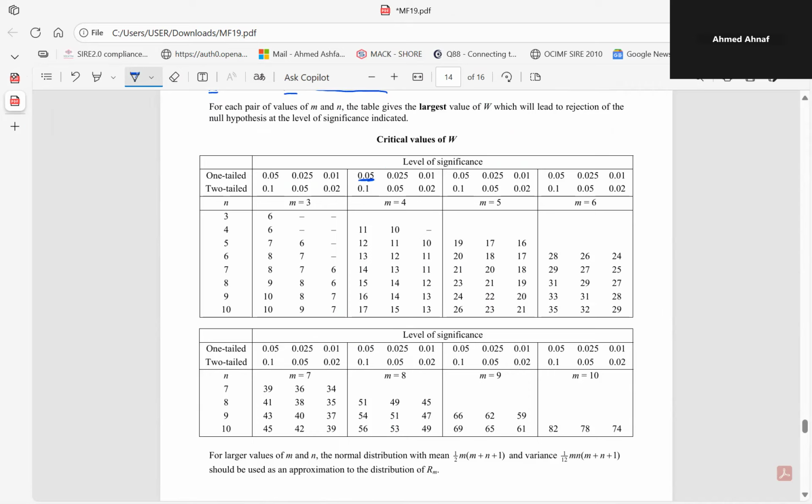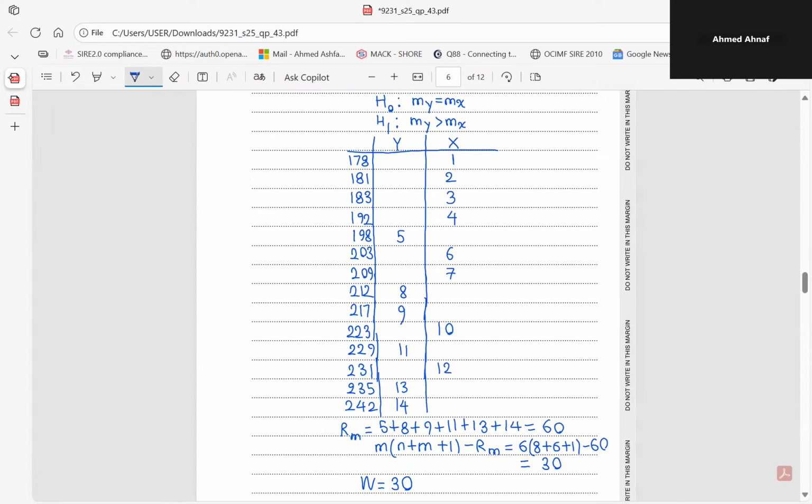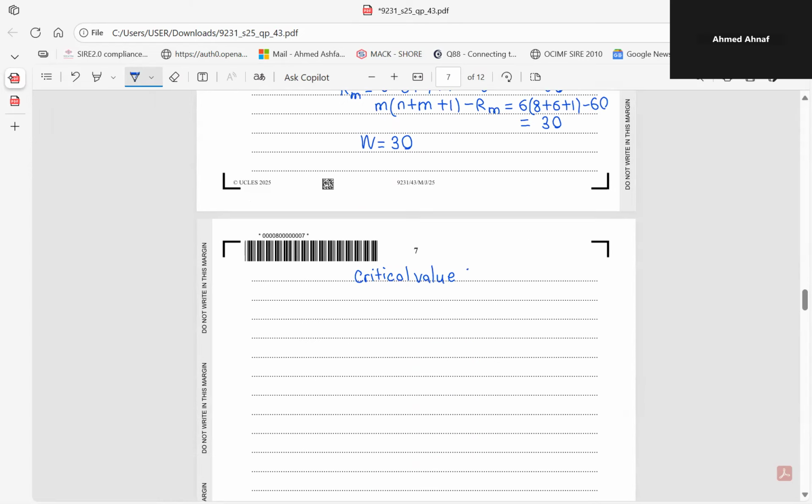Our M value is 6 and N is 8. So our critical value is 31.